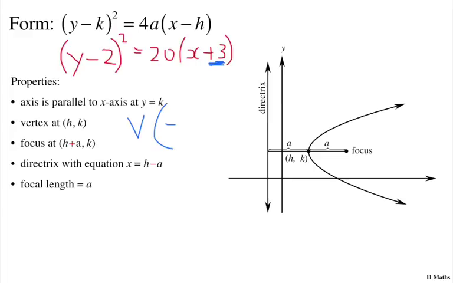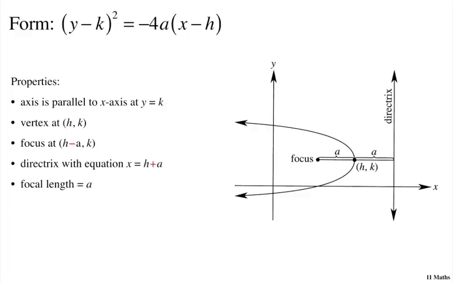So the vertex would be at minus 3, plus 2. So just remember, when you're reading the vertex off, it must always originate with the x bracket first and the y bracket second. And when they're opening left and right, they'll always lead with the y bracket at the beginning. So don't read that as the vertex is at 2, minus 3. That's wrong. It has to be at minus 3, plus 2.